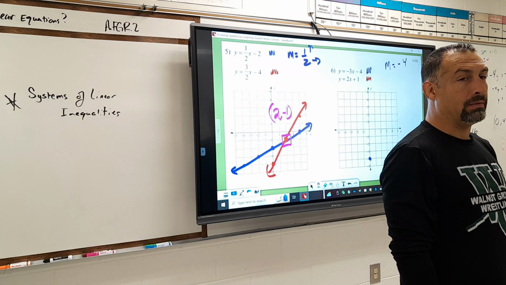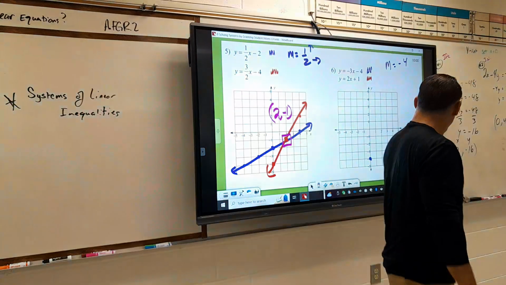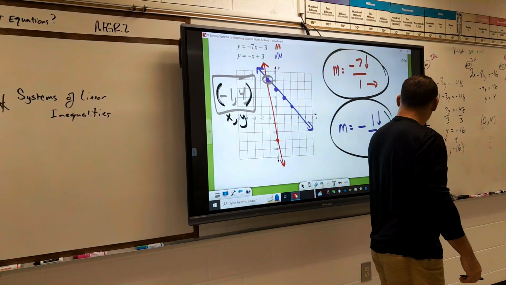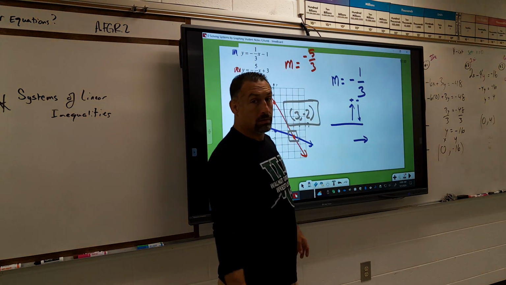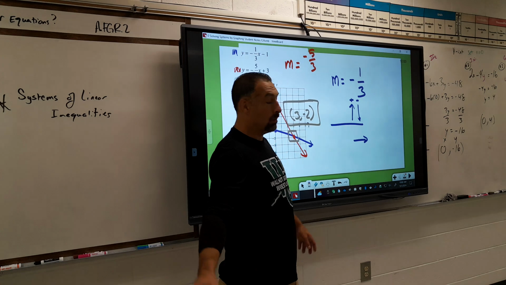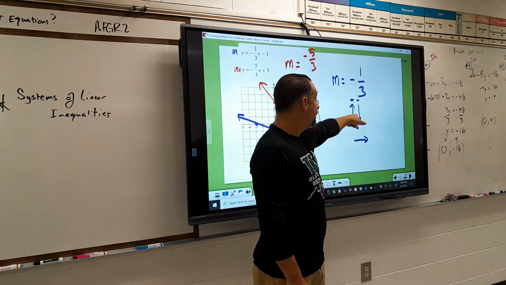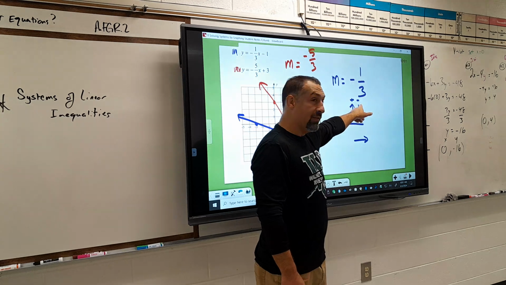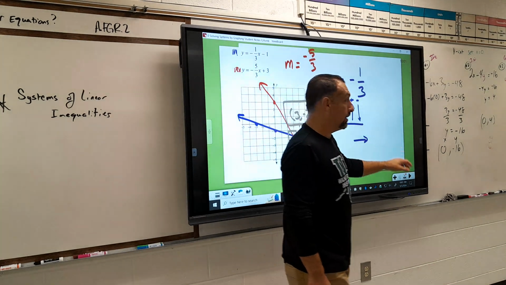What do we need then? One of the first things we did is we looked at our fraction, and we said if it's positive, the top number's up. If it's negative, the top number's down. And then we always go right.